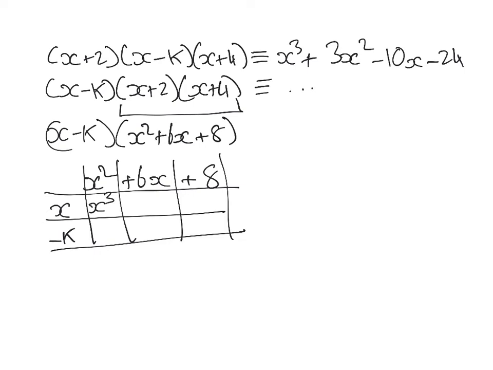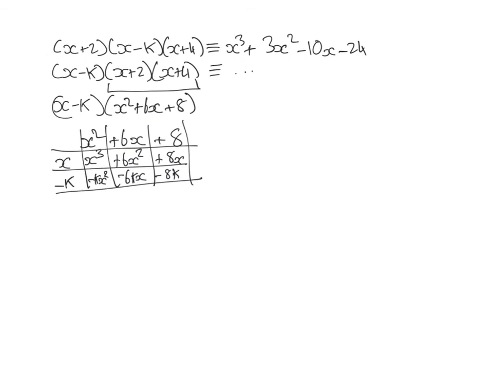Okay, x squared times x is x cubed, plus 6x squared plus 8x. Now the fun starts. Okay, minus k times x squared is minus kx squared, plus 6x times minus k is minus 6kx, and plus 8 times minus k is minus 8k.